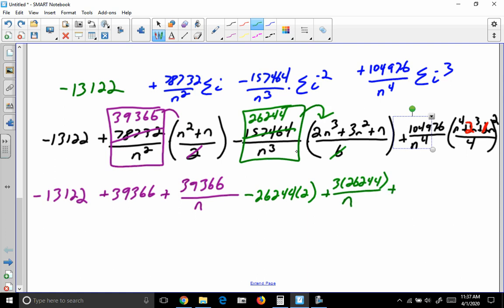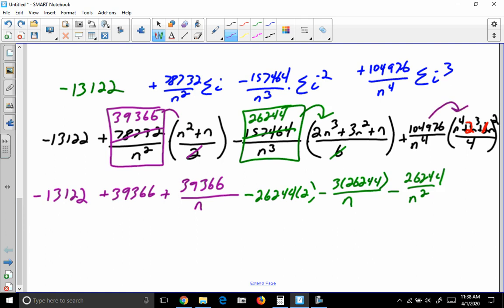When we do that, n will cancel one of those n's, and these are supposed to be minuses because it's a negative times that. That's a minus. That's a minus. So this n will cancel one of those n's, so we're going to have an n squared on bottom, 26,244 on top. And then lastly, we're going to distribute here.